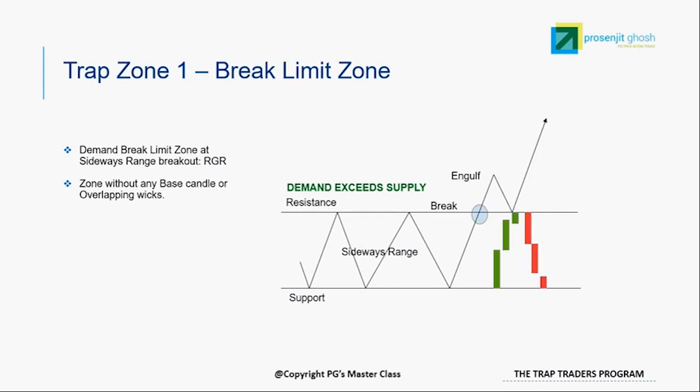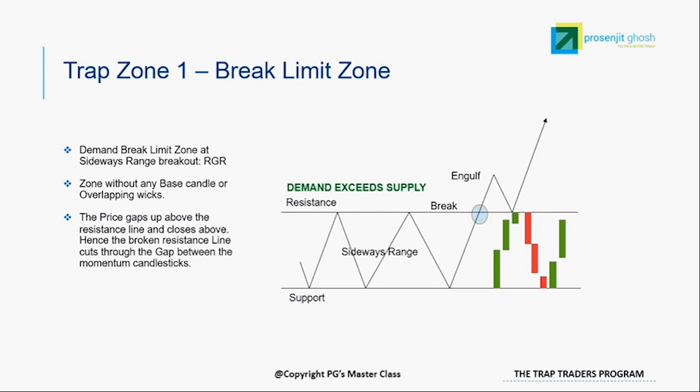And here in the candlestick chart, how it happens: price is in sideways mode and suddenly price comes up to the resistance, creates a momentum candle and closes below the resistance, and next day price gaps up above the resistance and closes above. Engulfs.